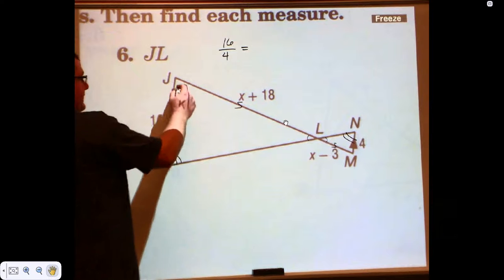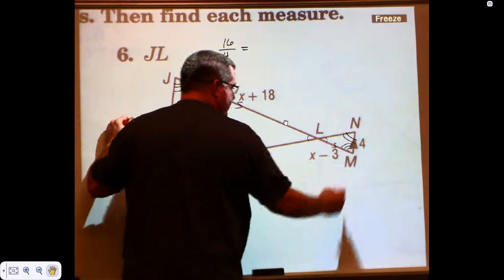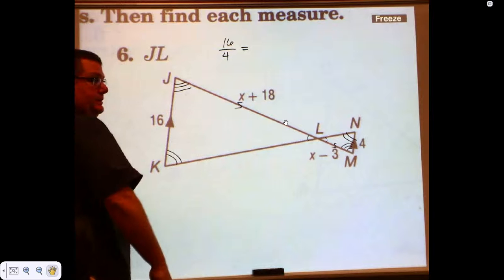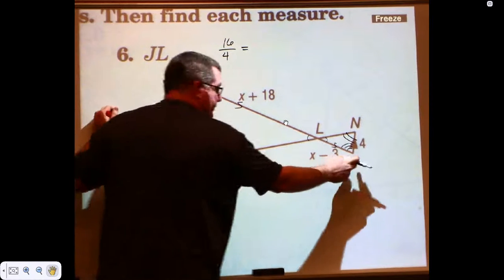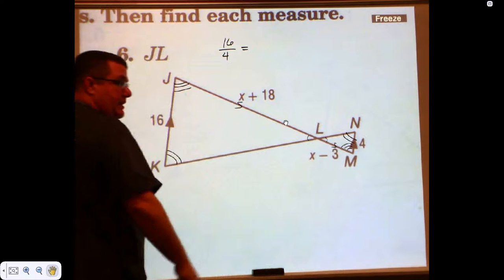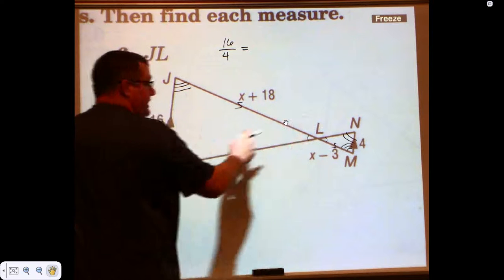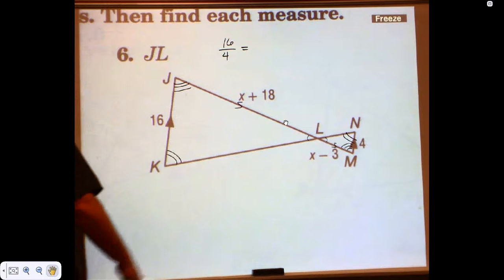Well, think of it like this. Isn't that angle congruent to that angle? Would you agree? 1 mark to 3 mark. So the J corresponds to the M, right? And the L corresponds to itself. So LJ does correspond to LM. Agreed?